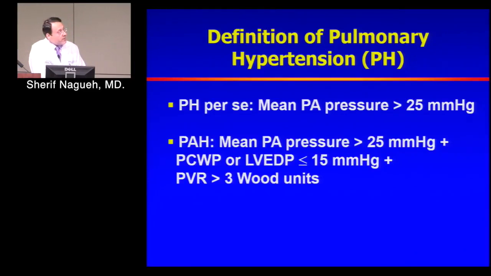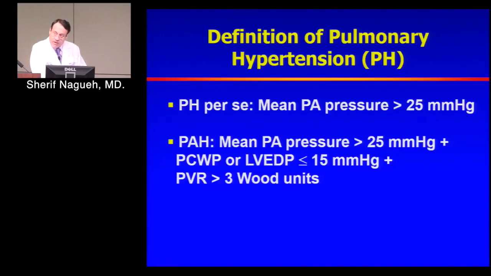You want to confirm that the LV filling pressures are not exceeding 15 millimeters mercury, and then an increase in the pulmonary vascular resistance. From an echo point of view, if the report can point to the pressure being elevated, ideally mean pressure, that the left atrial pressure is not more than 15 millimeters mercury, and you can give a surrogate for pulmonary vascular resistance, you have accomplished important objectives, not just saying there is pulmonary hypertension, but whether the cause is cardiac or non-cardiac.